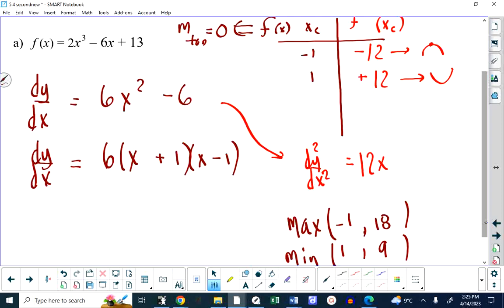Negative, oh, geez. Is the 18 right? No. -2 plus 19. Oh, man. 17? Okay. And then we're putting 1 in. I'm pretty sure I had that right, 9.